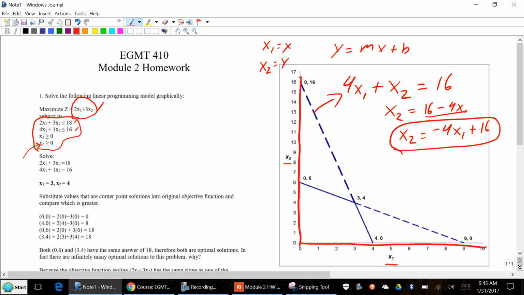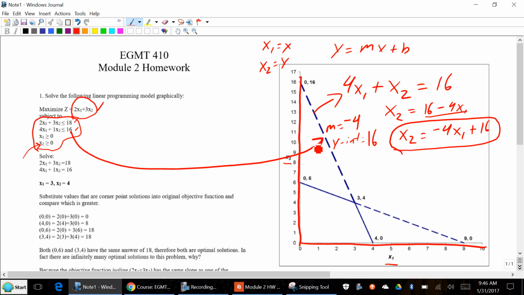So what would be the slope of that line then? The slope of this line is equal to negative 4. And then your y-intercept is equal to 16. Do you see how we were able to draw this equation as that line?